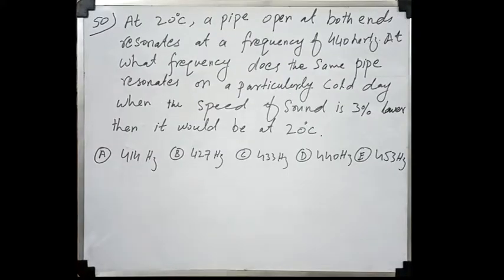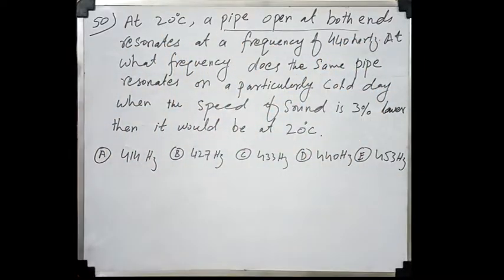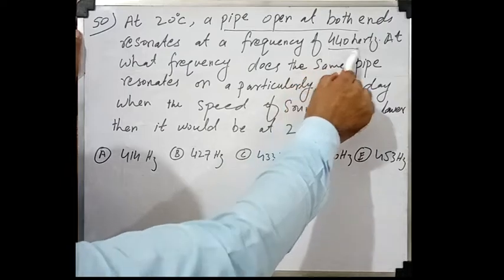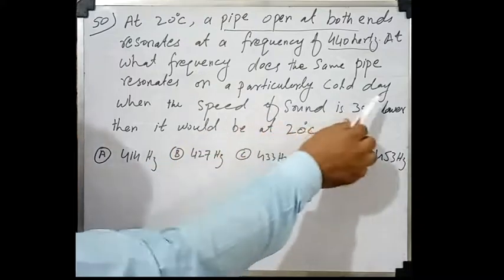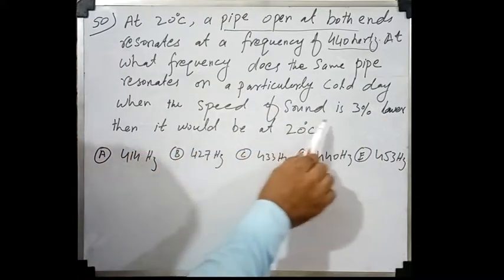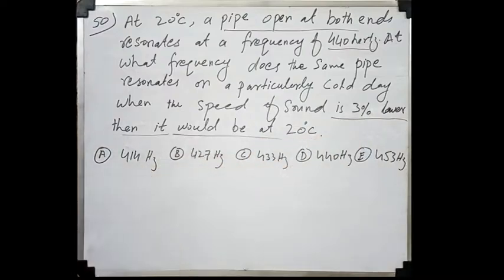Next problem is 50. At 20 degrees centigrade, a pipe open at both ends resonates at a frequency of 440 Hz. At what frequency does the same pipe resonate on a particular cold day when the speed of sound is 3% lower than it would be at 20 degrees centigrade?